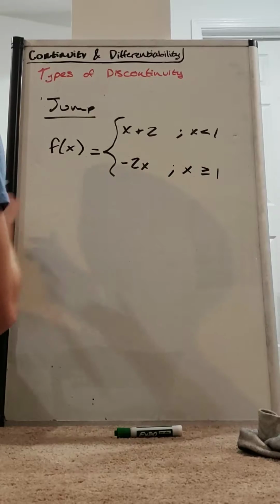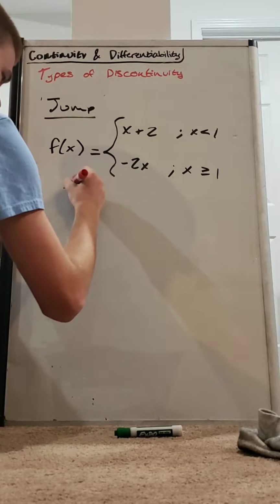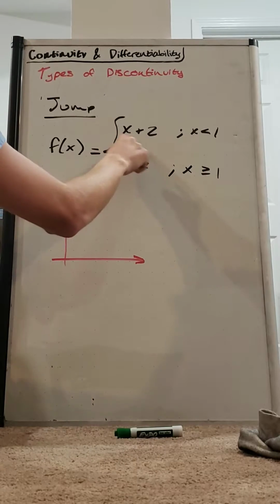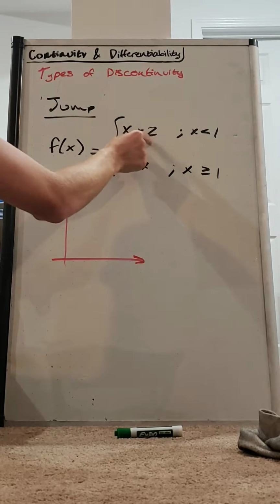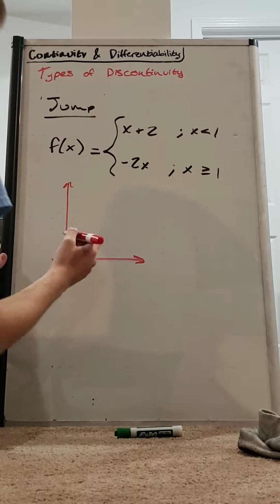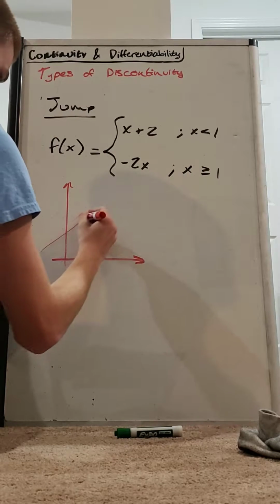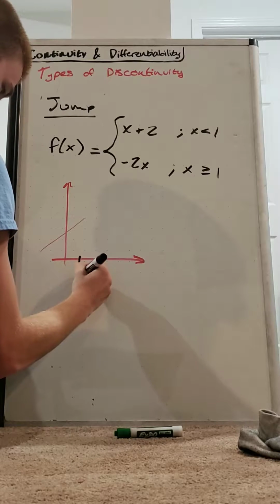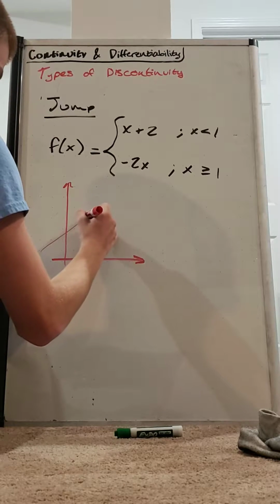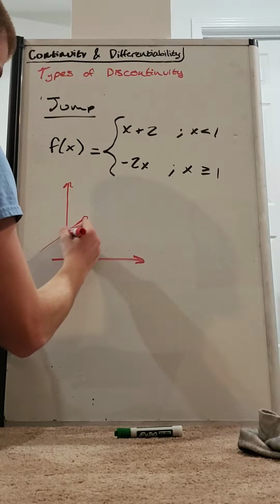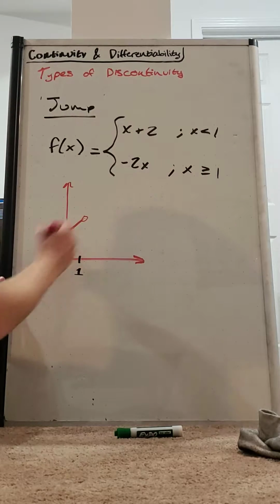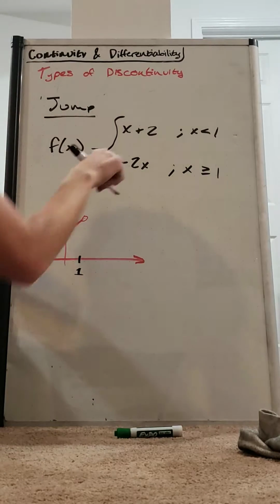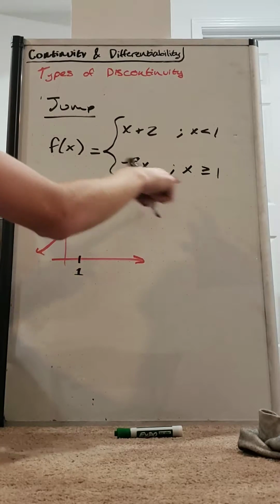So if we graph this, we would have this function, like this line, everywhere until we get to 1. Right? And then there'd be an empty dot here, since this is less than, not less than or equal to. And then it jumps down to negative 2.